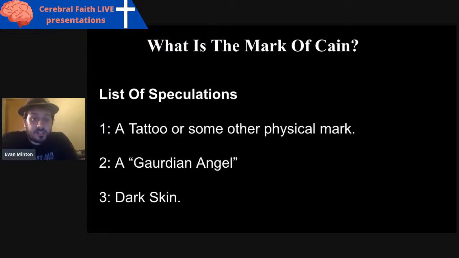I'm just going to make this clear right now. This third one is racist. It's very bad. And I don't even know where this idea came from, to be honest. There's nothing in the biblical text that would make you think that dark skin is what the mark of Cain is.